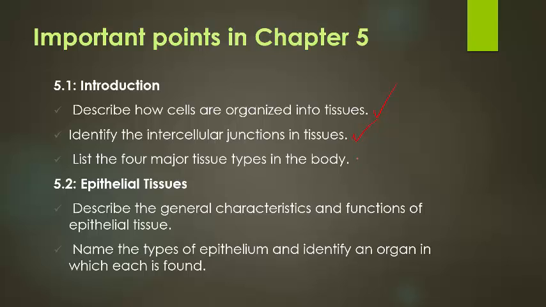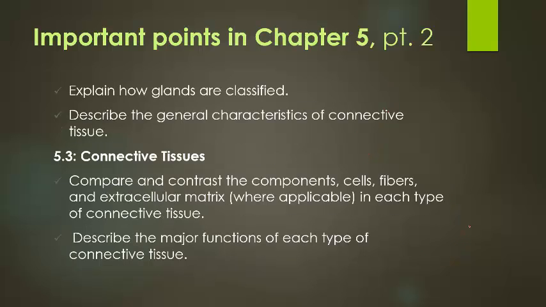And then we discussed the four major tissue types in the body. Then we talked about the first of those tissue types, the epithelial tissues. We looked at the general functions and the characteristics of epithelial tissues. And then we looked at how you can identify the types of epithelium that are found in the different organs of the body.